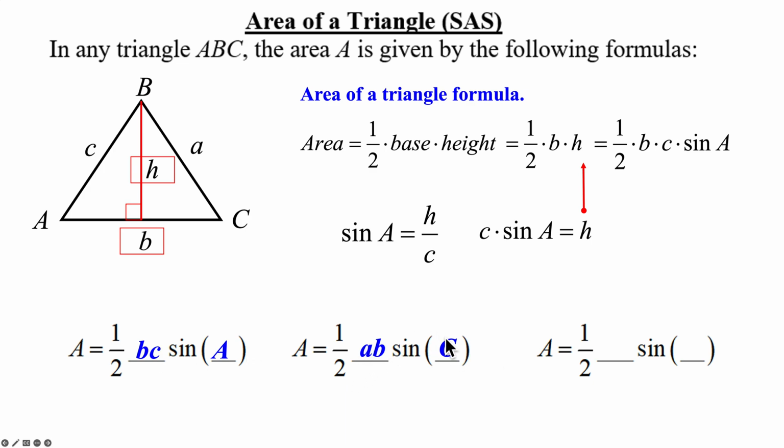A, B, C. So if this is going to be angle B, then this has to be side A and C. So any angle that you're given and the included sides is what you plug into the formula.